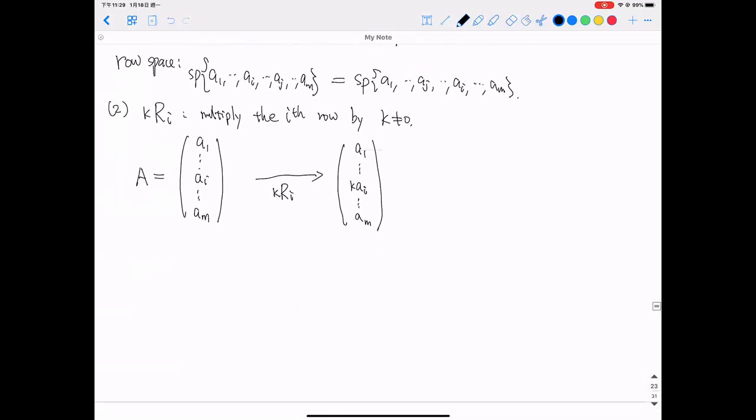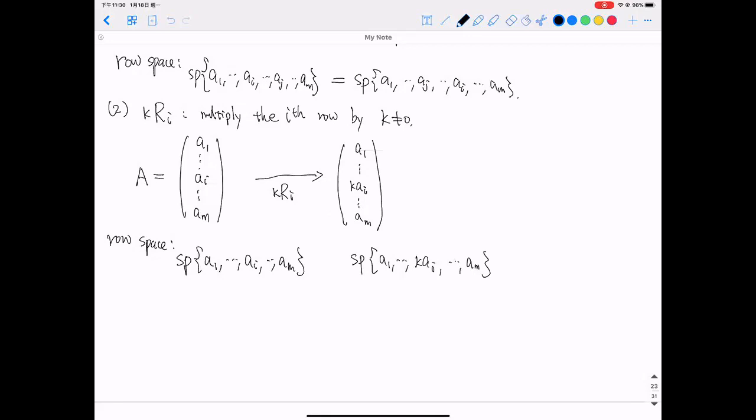Now we can compare the row spaces. The row space of A is just the span of all the A's. Now the row space of the new matrix is the span of these vectors.